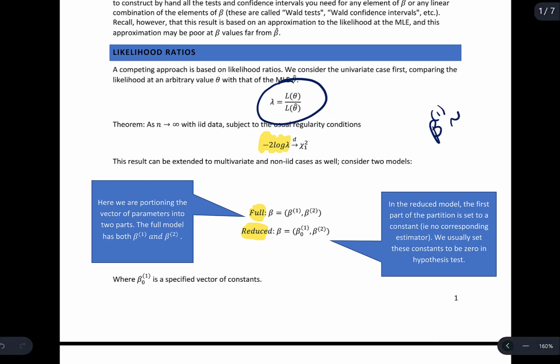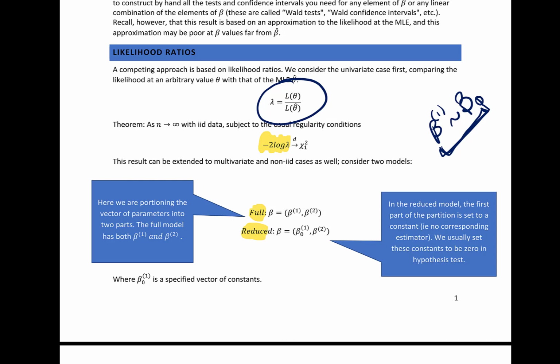This is really the same thing as beta subscript 1, but the reason we're using the superscript here is because we're going to set some of these equal to a constant, and the ones that are equal to a constant, we're going to denote with a 0 subscript. Instead of having 2 sets of subscripts, because usually 2 sets denote a column and a row, that's why we're using the superscript in this notation.